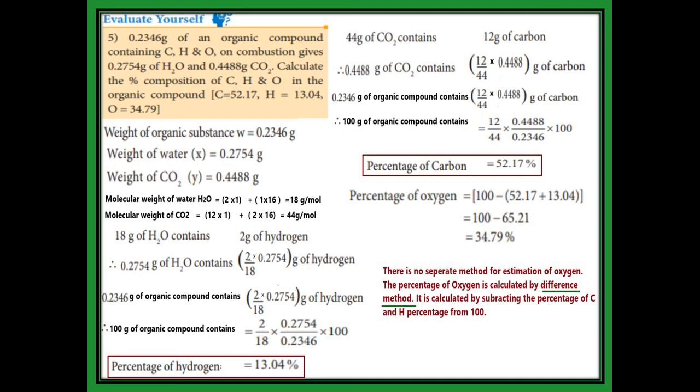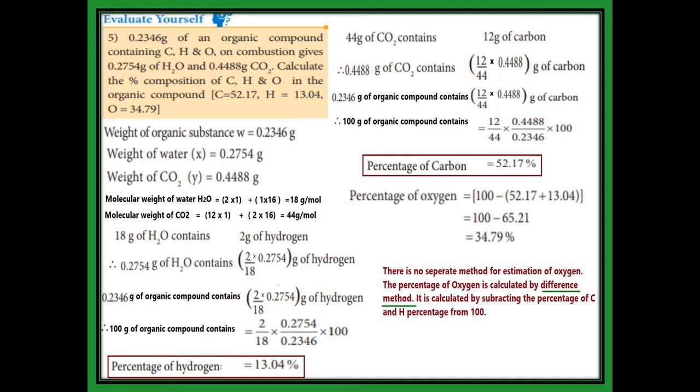This water we get from the organic substance only. So here the organic substance weight is given as 0.2346 gram. That organic compound contains 2 divided by 18 into 0.2754 gram of hydrogen. Afterward we have to find the percentage.